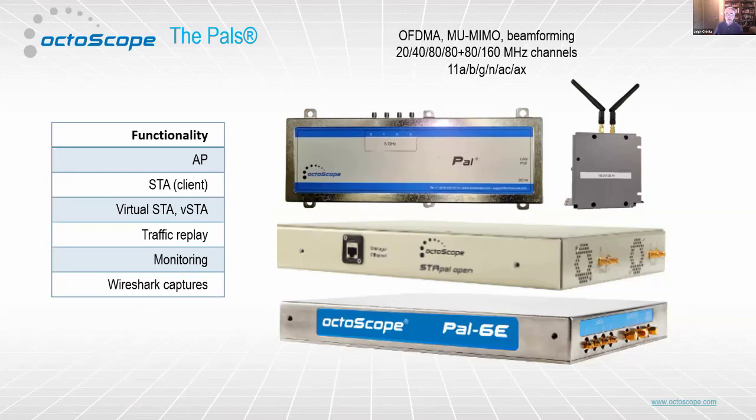I won't go into great detail, except to say that today we'll be using some of these PAL instruments that we call stay PALs. You'll hear Jim talk about these stay PALs. A stay PAL is a PAL that is very specifically designed to be a station device or sniffer. We will be using one stay PAL that is a Windows operating system and one that's a Linux operating system. And Jim will go through that.